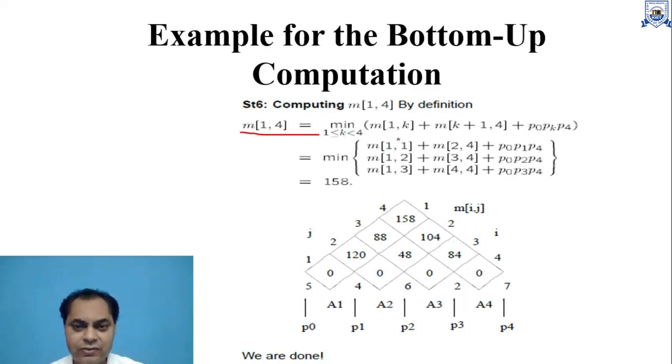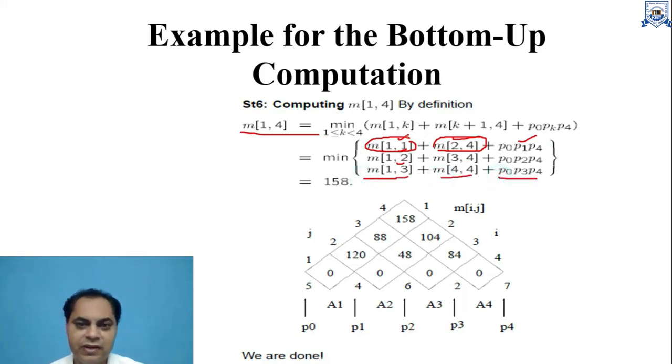Now this time m14. In this case the value of k varies from 1 to 3. If k is 1, then this is the left part, and this is the right part, or we can say right subproblems, k plus 1 to n, m24, and then this multiplication. Similarly, if k is 3, then it will be m13, then m44, and this multiplication.